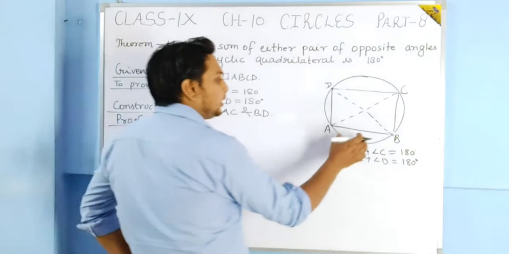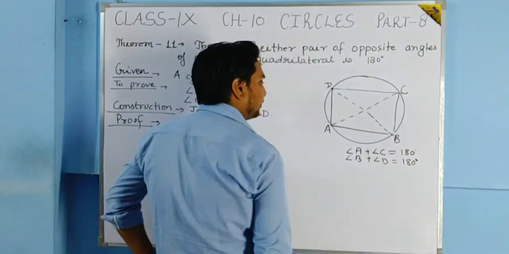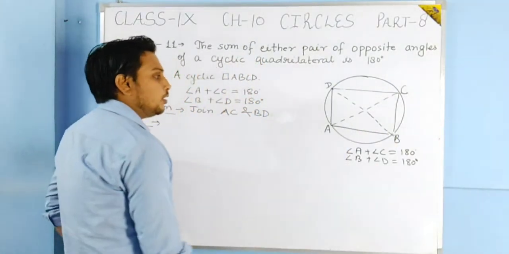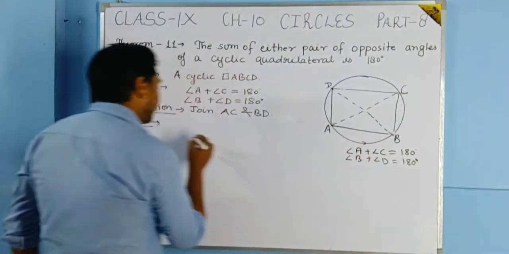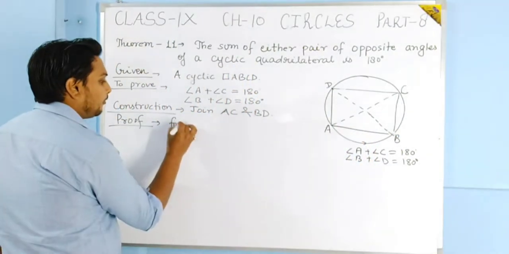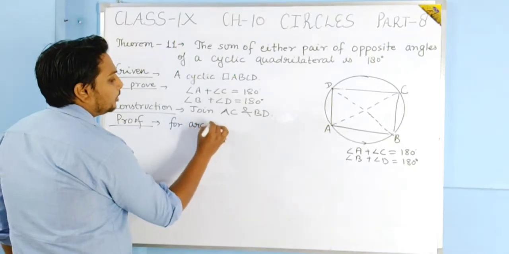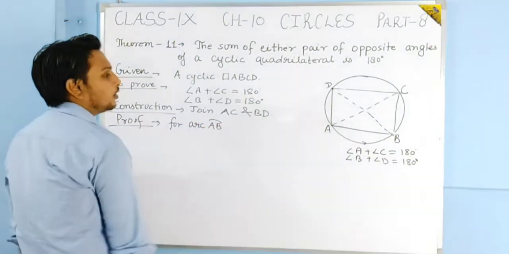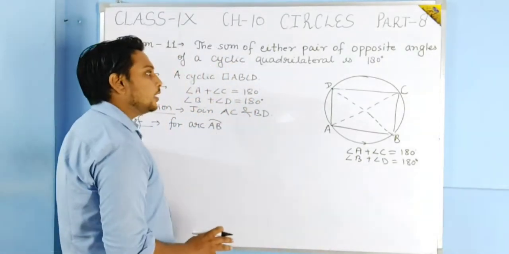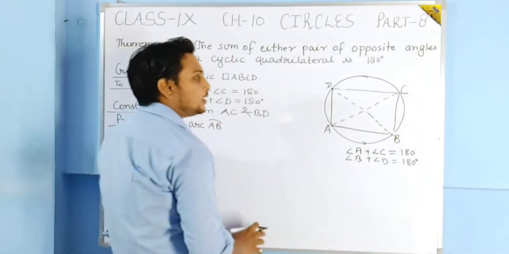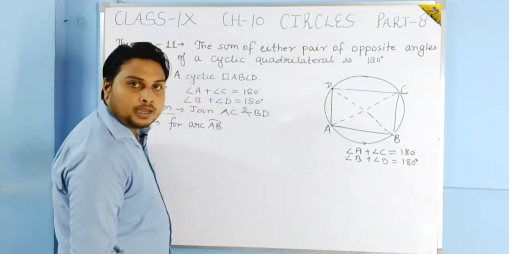Now coming to the proof part, students, if we consider the chord AB, or you can say the arc AB, see, in the previous theorem I have told you that angles in the same segment are equal.